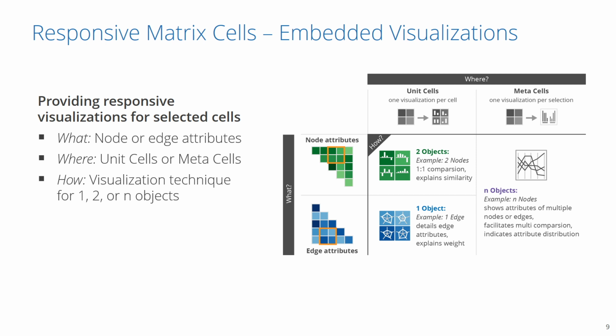For example, consider a unit cell in the adjacency part. The visualization would have to represent one specific edge with its attributes. In contrast, a unit cell in the similarity part would represent the attributes of two nodes at the same time, providing a one-to-one comparison. Finally, a meta cell will always represent n objects, so either n nodes or n edges.